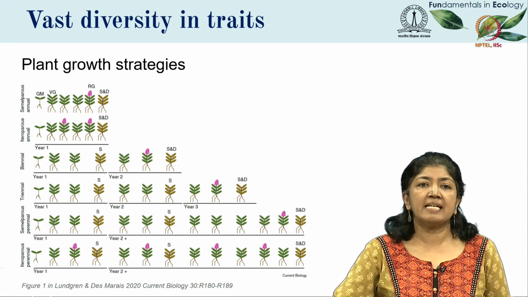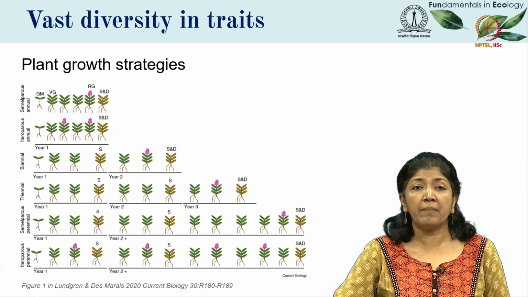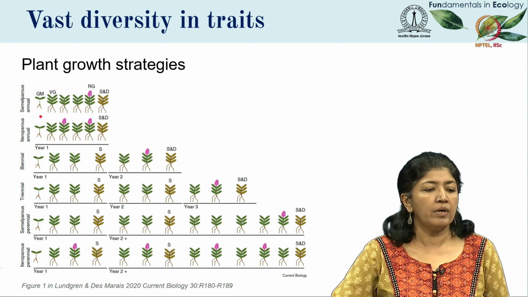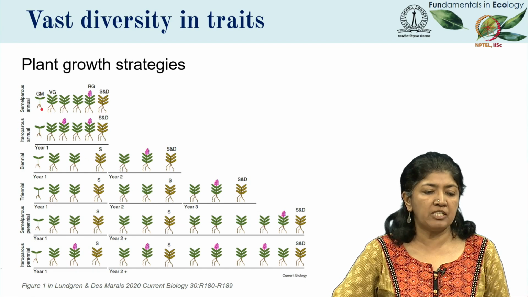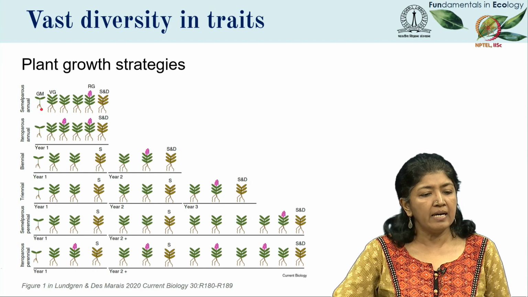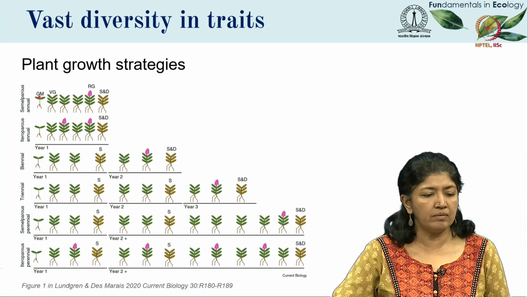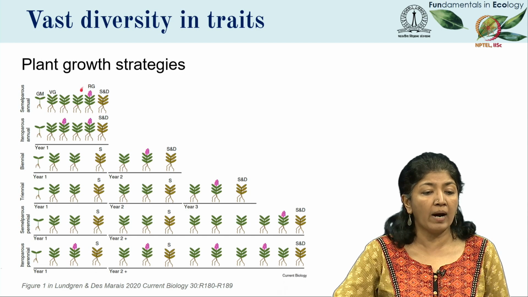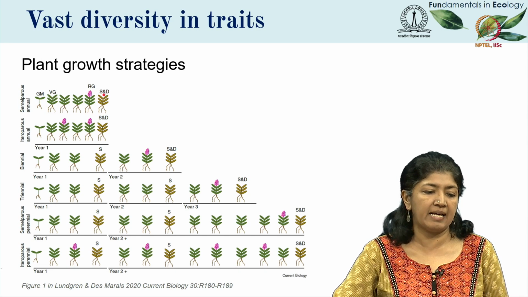As a final example, let us look at the amazing diversity in plant growth strategies. So, in annual species, we see an initial germination episode, that is birth, followed by vegetative growth, followed by reproductive growth, and in this case only one episode of reproduction followed by senescence and death.